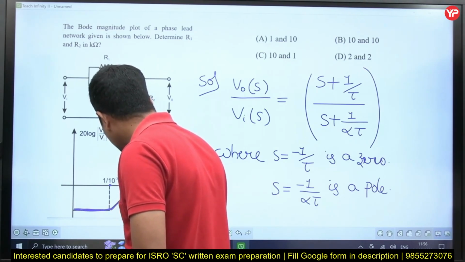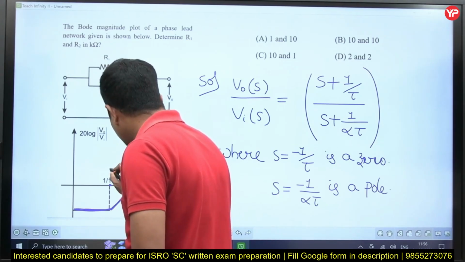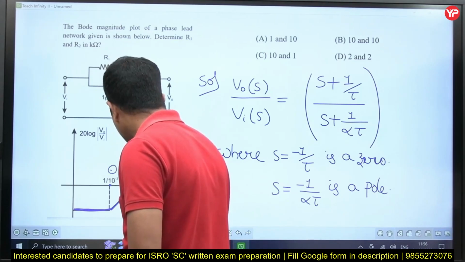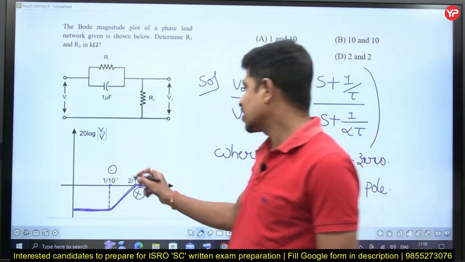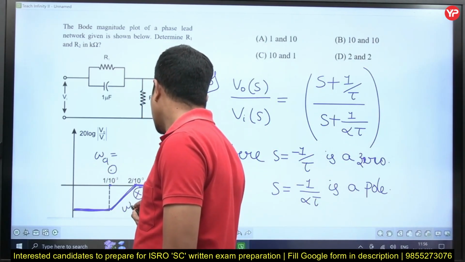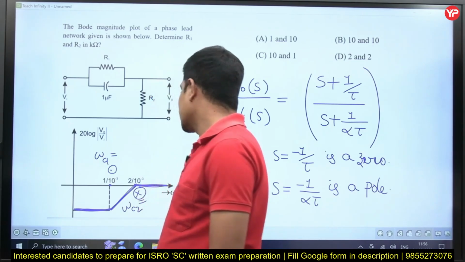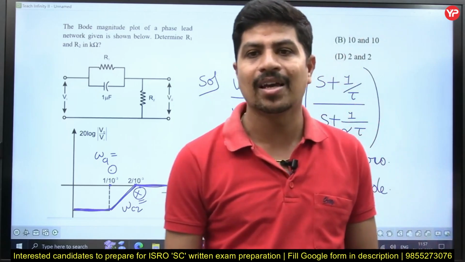Here again the slope became 0, which means here a zero is added, and here a pole is added. This is the first corner frequency omega C1, and this is the second corner frequency omega C2. At the first corner frequency omega C1, I have a zero.